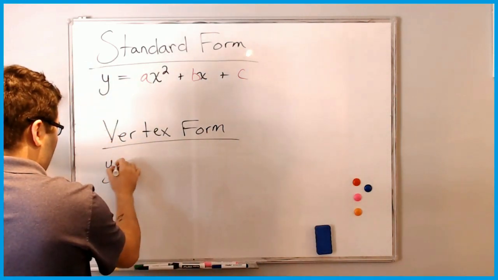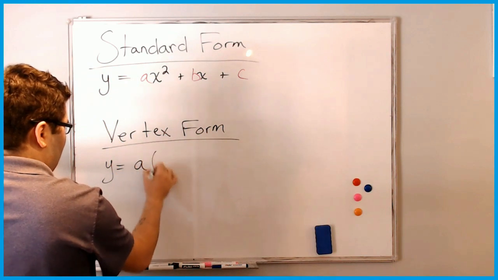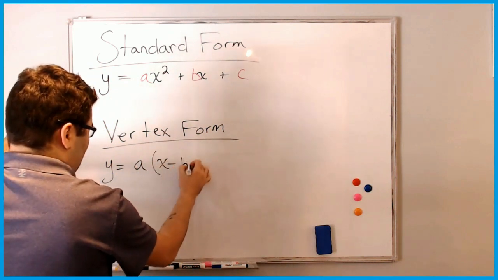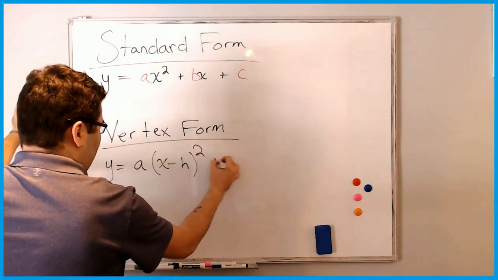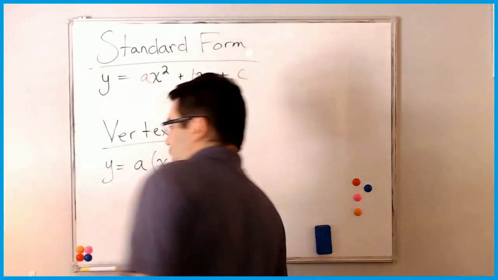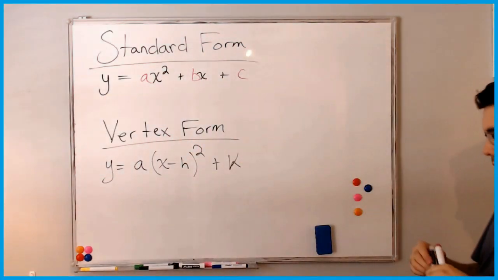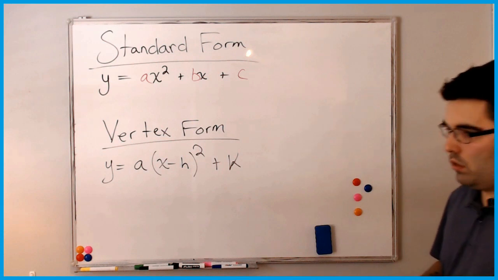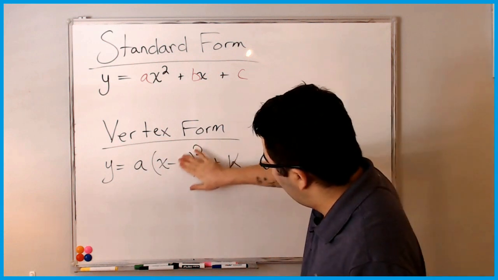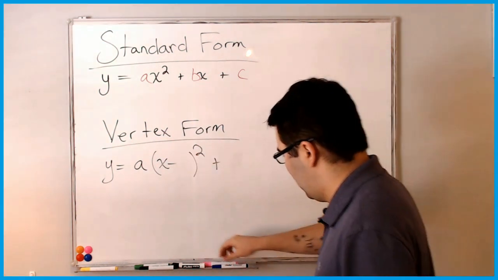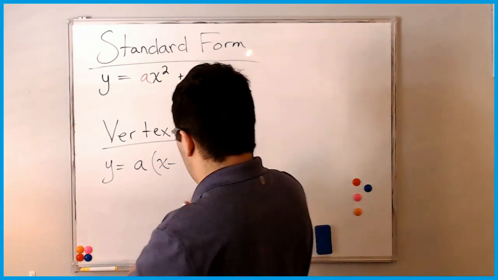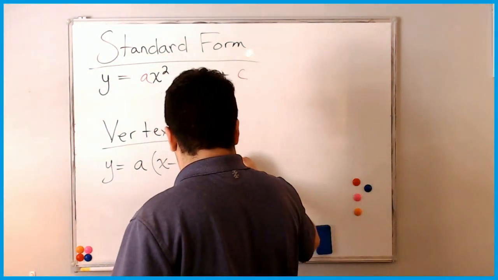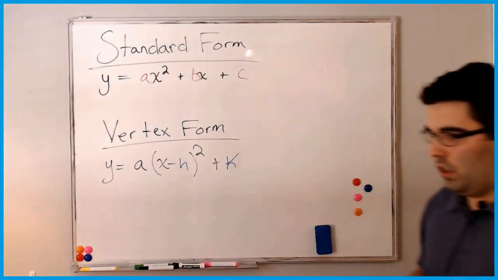But it's y equals a(x minus h) squared plus k. All right. And I'll do h and k in a different color just to be consistent with what I did up there. All right, h and k.